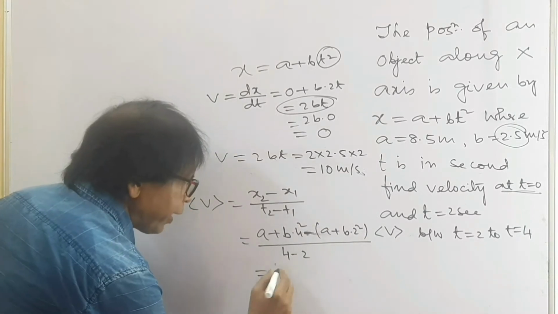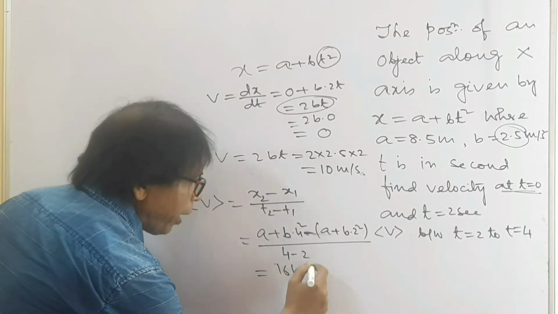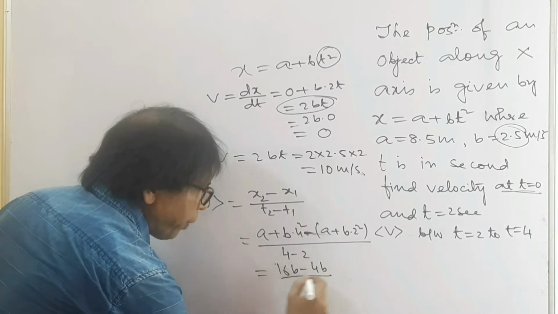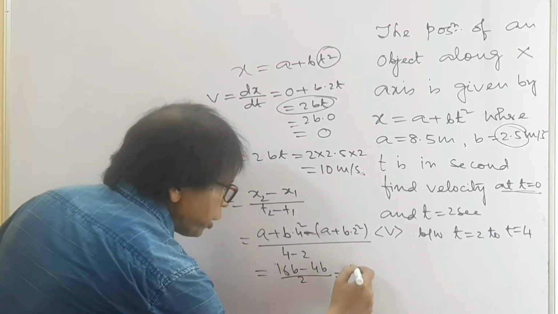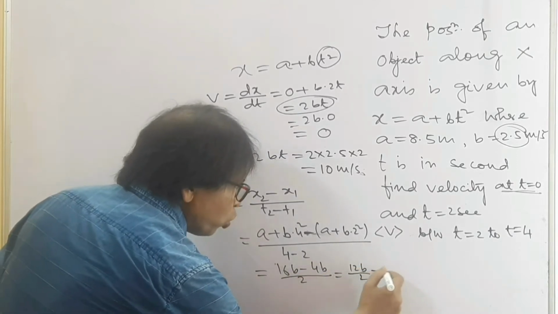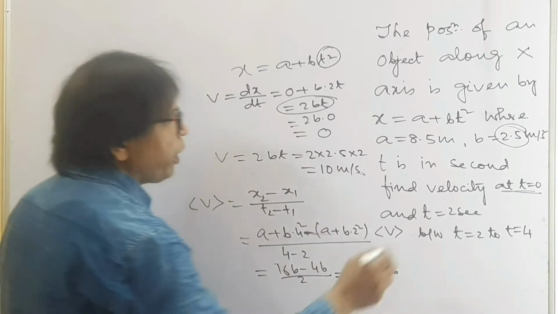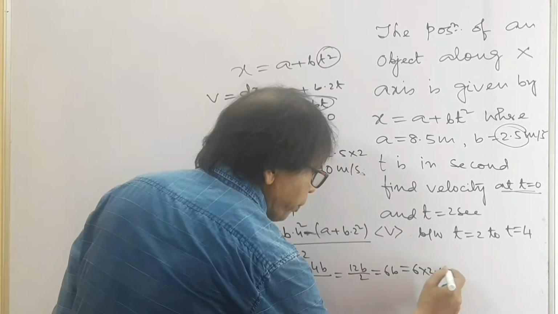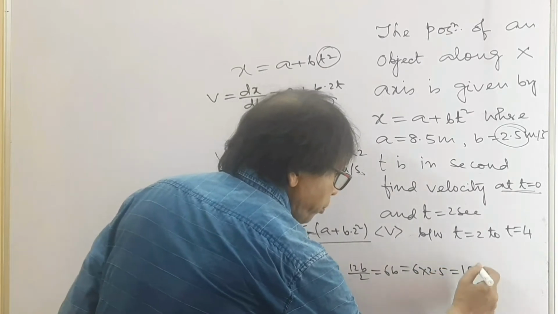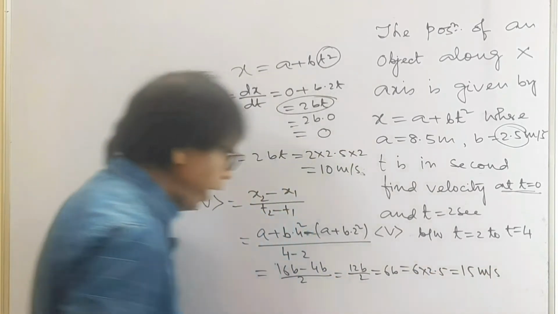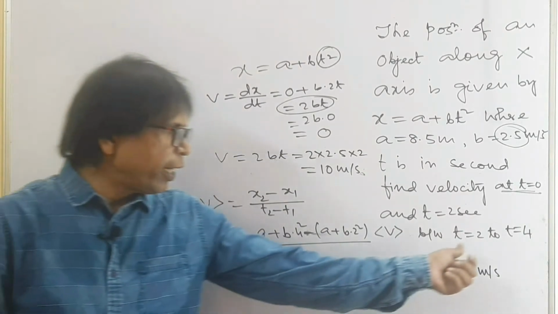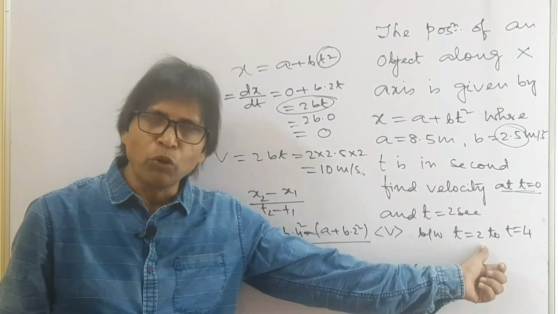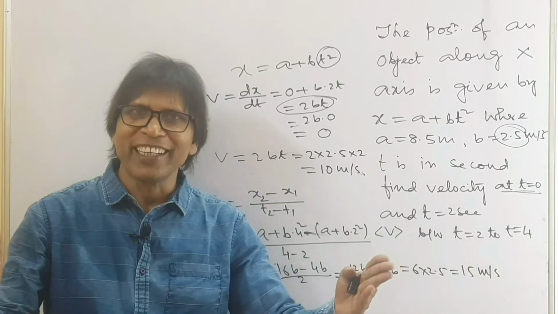That is 16b minus 4b divided by 2, so 12b by 2, which is 6b. Now b is equal to 2.5, so 6 into 2.5 is 15 meter per second, the average velocity between the time interval t equal to 2 to t equal to 4 seconds.